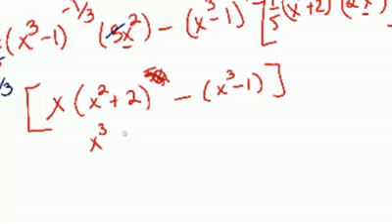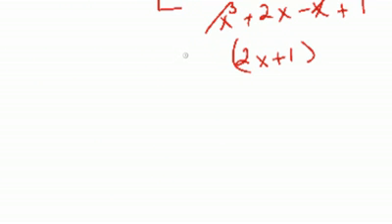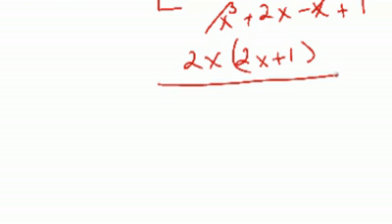So distribute through on both sets of parentheses, combine your like terms, and that 2x plus 1 is a lot easier to deal with now. So we're going to have the 2x as well in front, and then everything else is on the bottom.